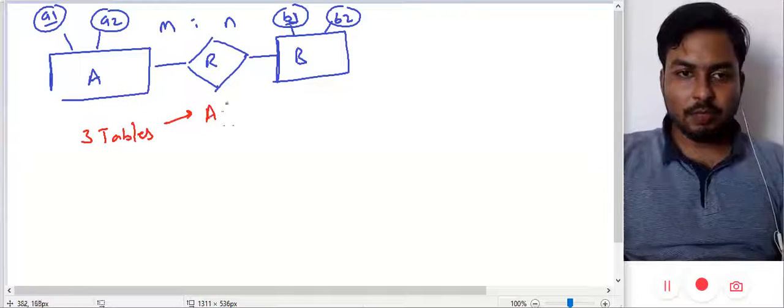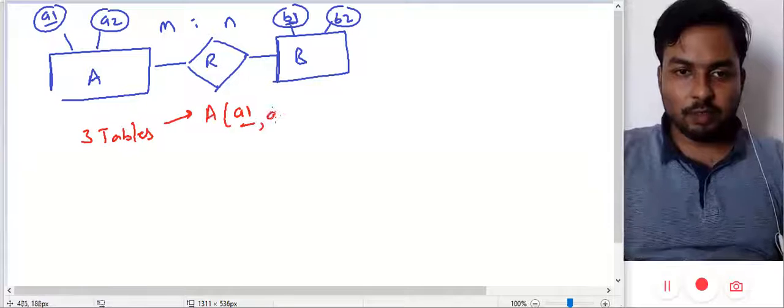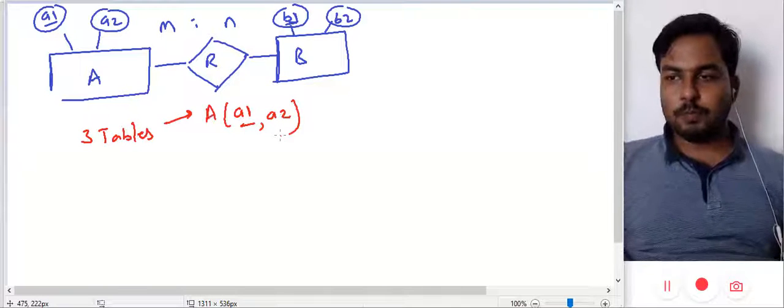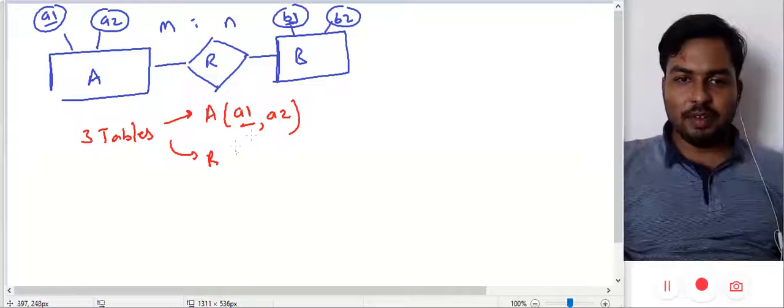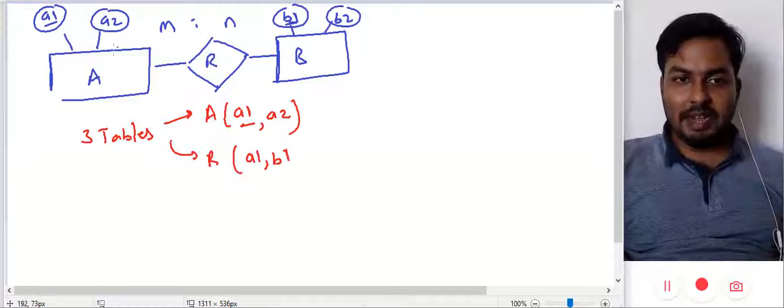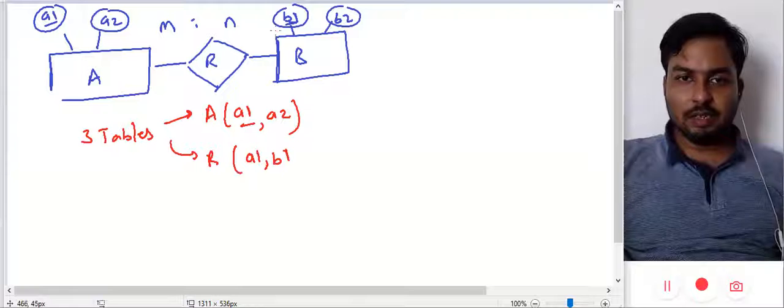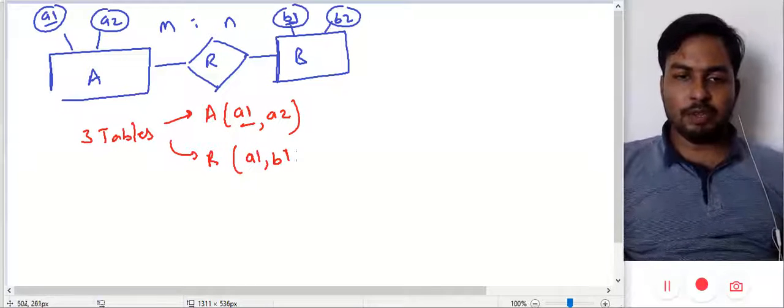One table is A, which will have these 2 columns, A1, A2. The second one is R, which will have A1, B1. The candidate keys of both the entities will be the columns in this relation, and together they will form a key.